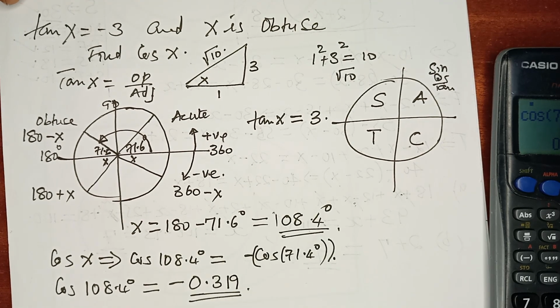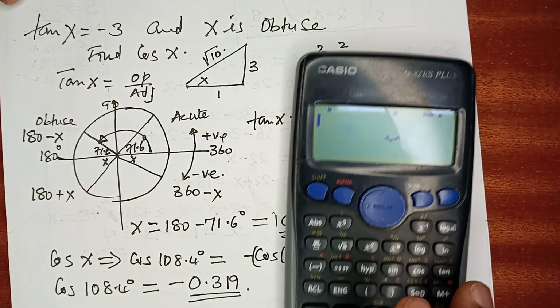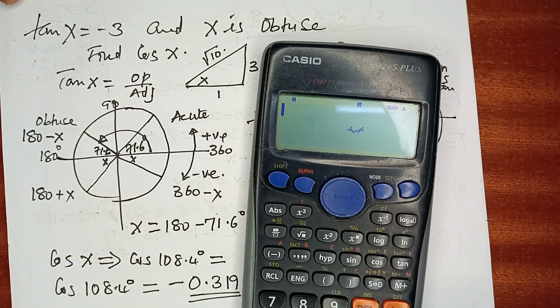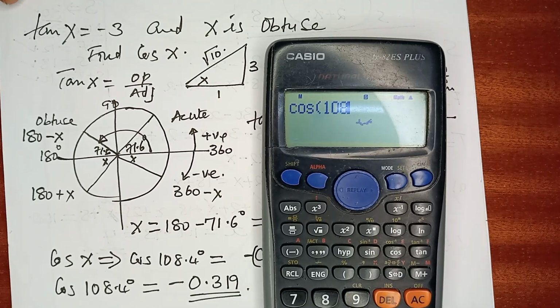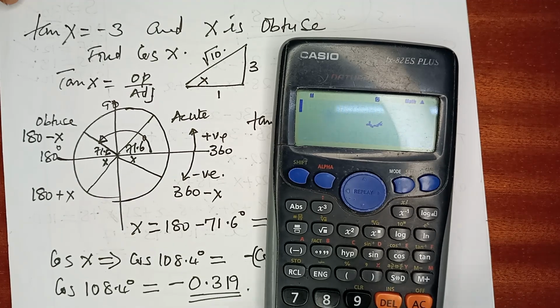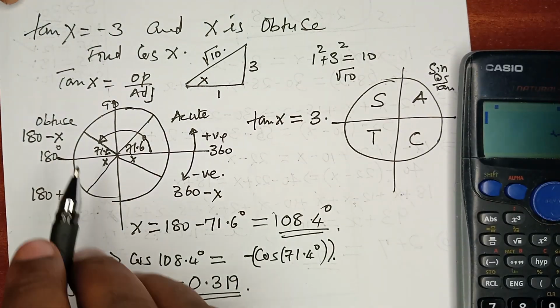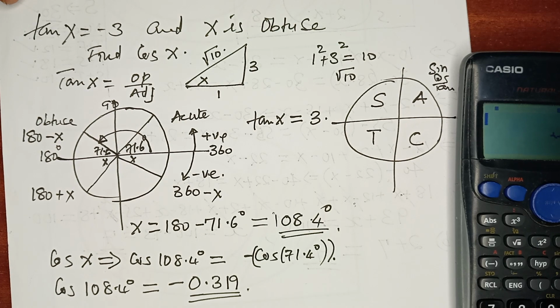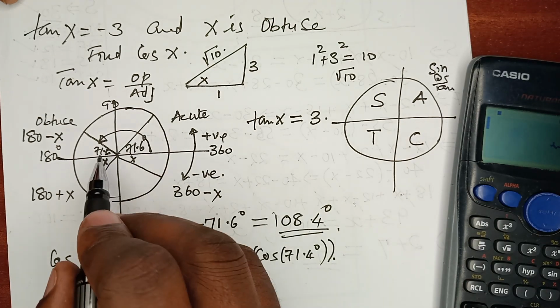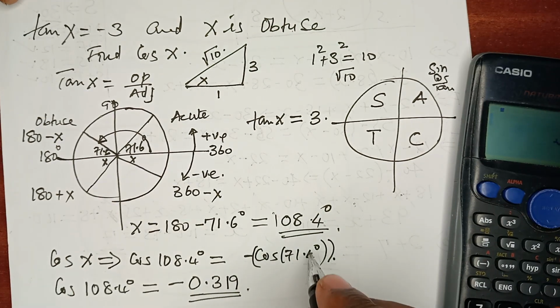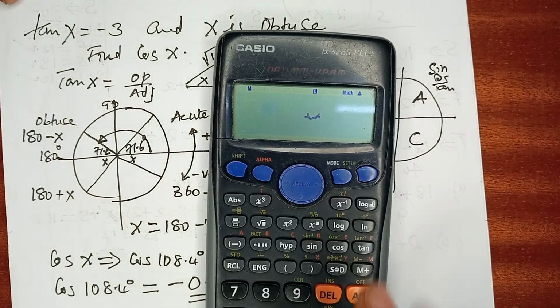That is it. And incidentally, even if you are to say the cosine of 108.4 degrees is equal to the cosine of 71.6, not 4.6, correction there.